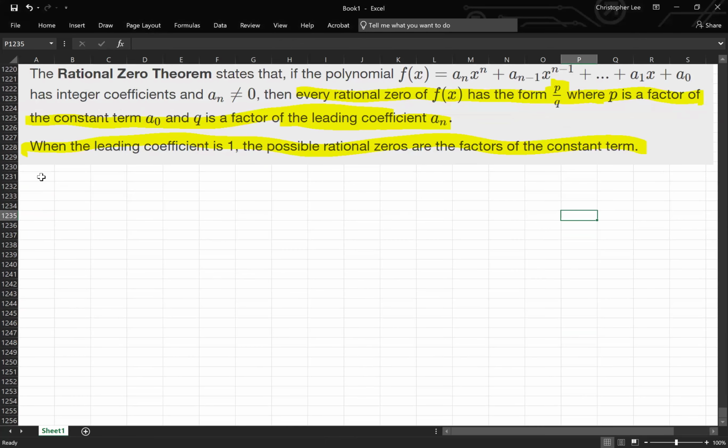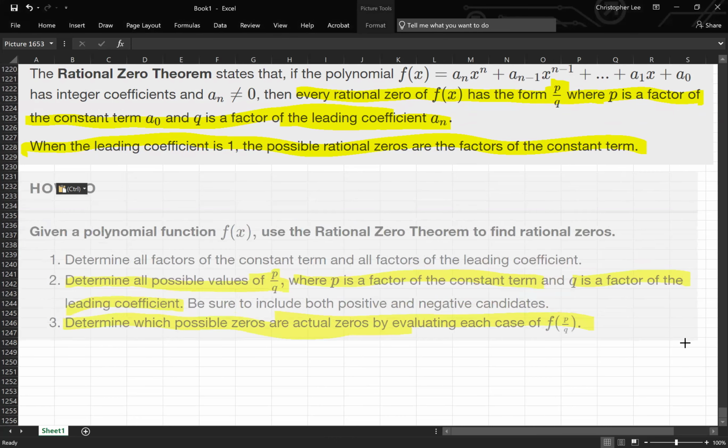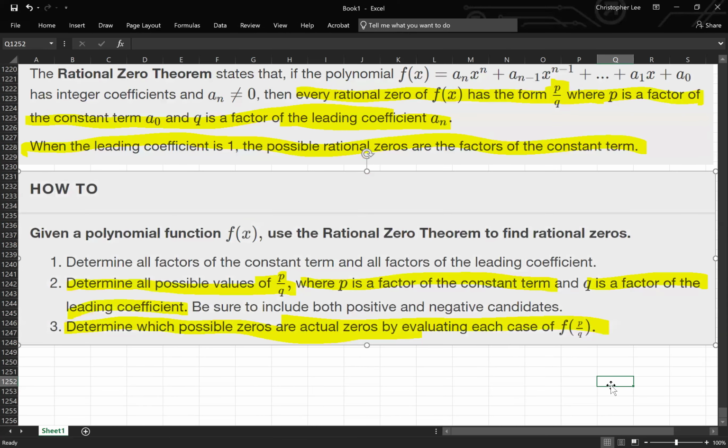This right here is fire. This will save you so much time, so much work if you do this trick. So given a polynomial function f of x, you want to use the rational zero theorem to find rational zeros. Step 1, determine all the factors of the constant term and all the factors of the leading term. Step 2, determine all the possible values of p over q, where p is a factor of the constant term and q is a factor of the leading coefficient.